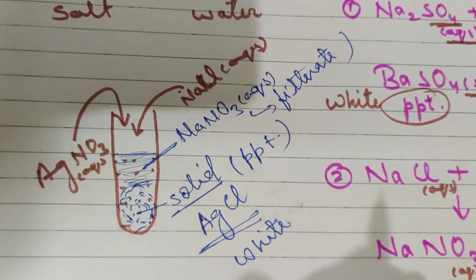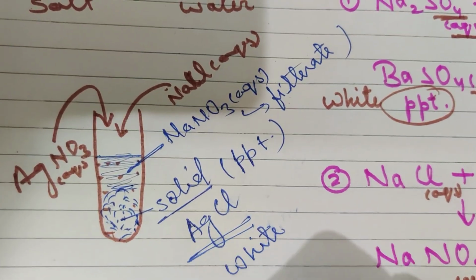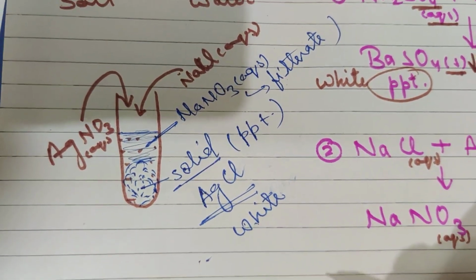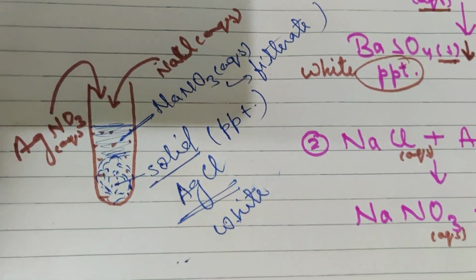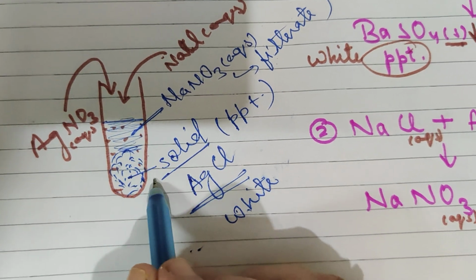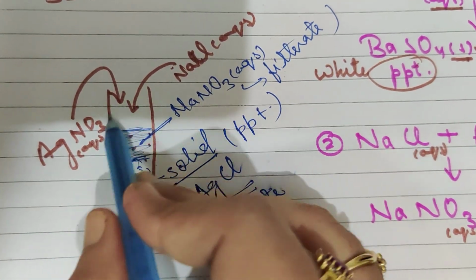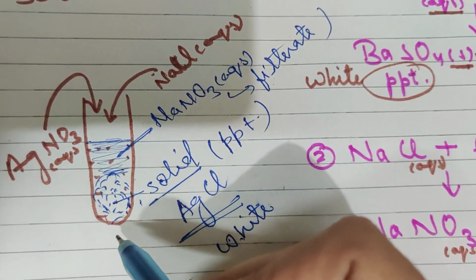So to make it more clear, you can compare it with the example of curd, and actually it is curdy white PPT only. The solid component of the curd is settled at the bottom, which is known as precipitate, and the liquid component is present above, it is known as filtrate.